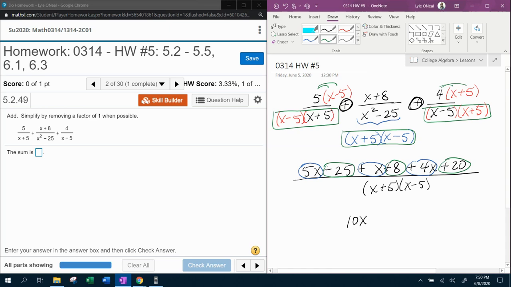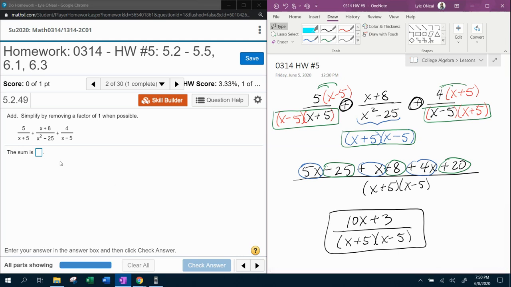And again, it doesn't really matter what order we do it in. So negative 25 plus 20, that's negative 5. Negative 5 plus 8 is positive 3. And so that's going to be plus 3 all over the common denominator, x plus 5, x minus 5. And that should be our final simplified answer.